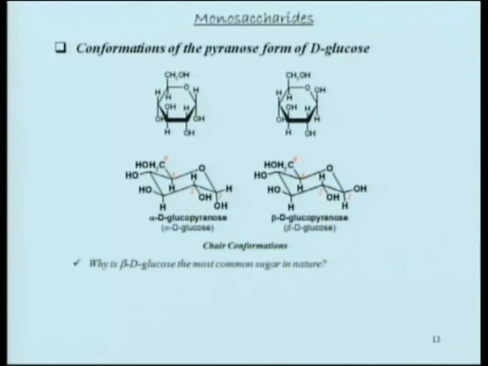Just to tell you, I think it's important to really know how to draw this. Most of you can draw very easily the 6-membered ring, the cyclic form. Do you know how to draw the axial and the equatorial groups? How? So the first, the topmost.